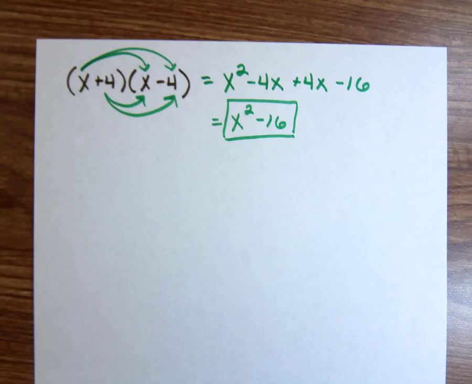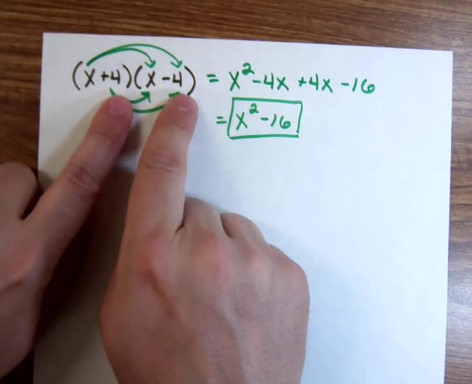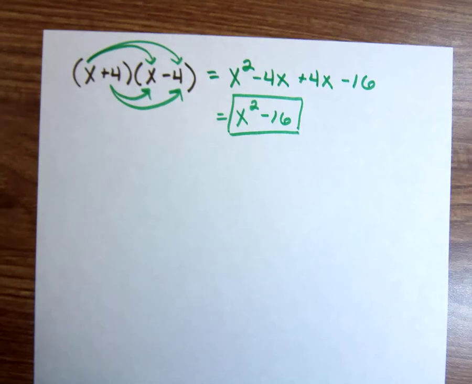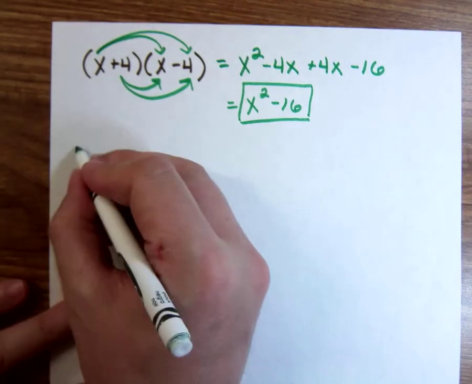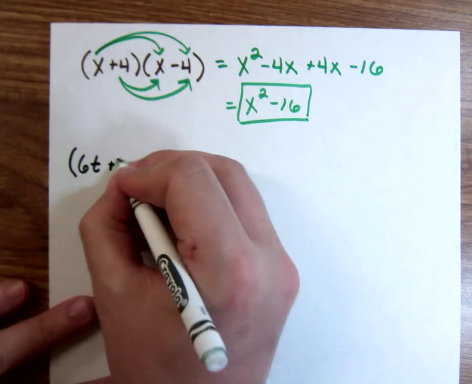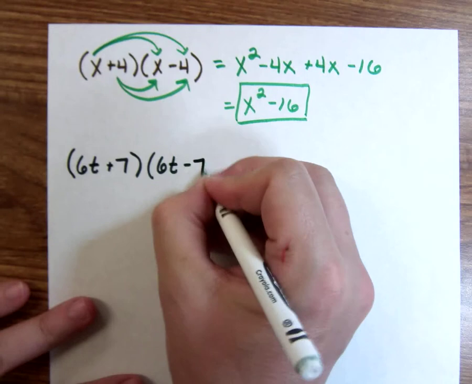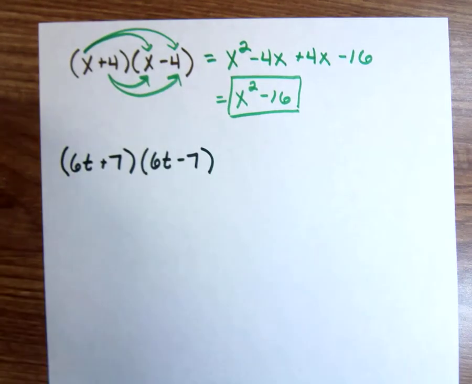So couldn't I just multiply the first things and the last things and then call it a day? Okay. I could. I could and I should. I don't want to tell you how to live your life, except that I do, and you should do it this way. That's exactly the same binomials, except one's plus and one's minus.